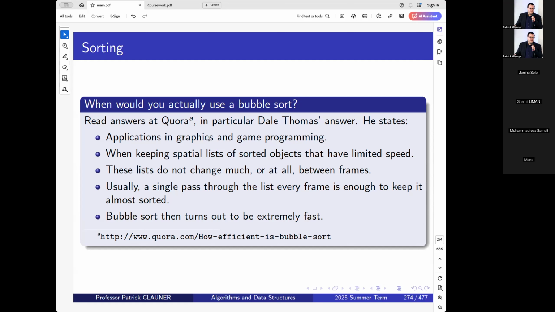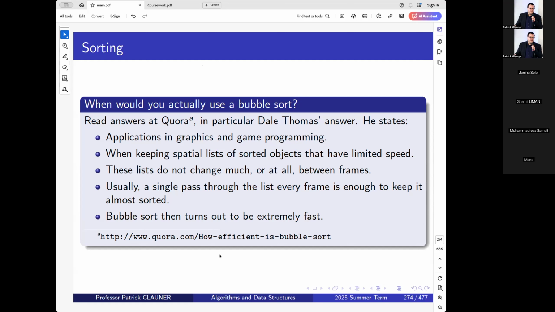But maybe you want what you're visualizing to be almost sorted, and you want a few passes within the next few milliseconds to sort it a bit better based on the changes in the environment, especially if these lists don't change much between frames. And then it turns out that maybe a single pass or a few passes can help a lot to maintain that order more or less. And the bubble sort is extremely fast.